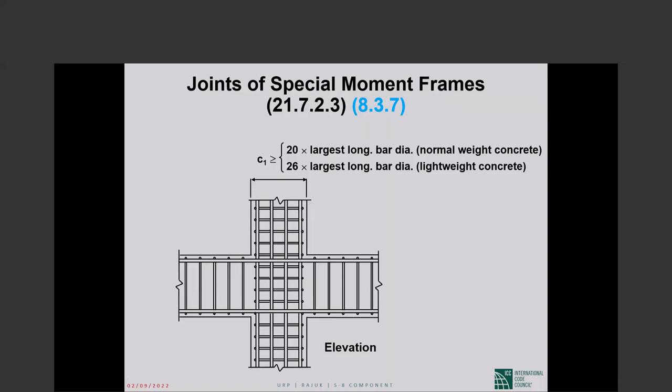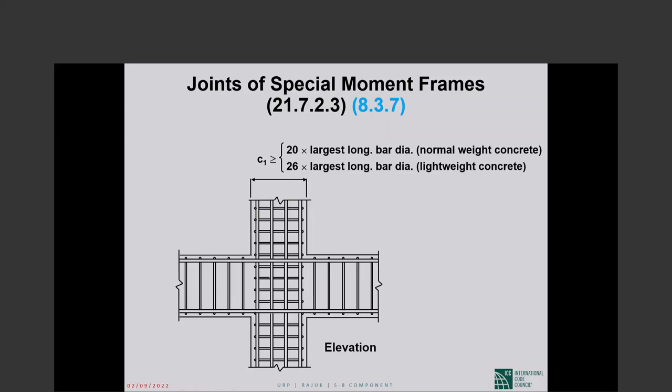To minimize that bond slip, not to eliminate it, the Committee on Joints, ACI 352, sent us recommendations to 318 that this column dimension be 36 times the largest longitudinal bar diameter.